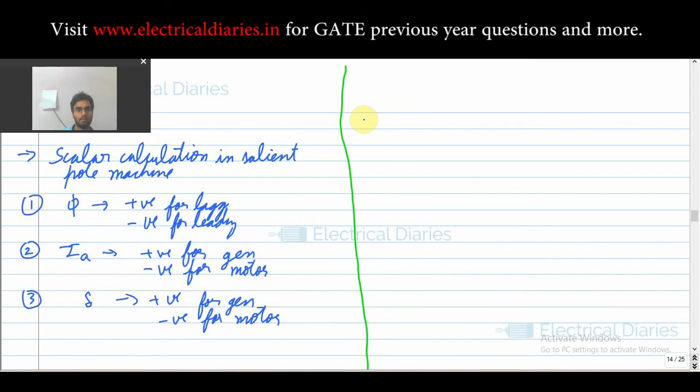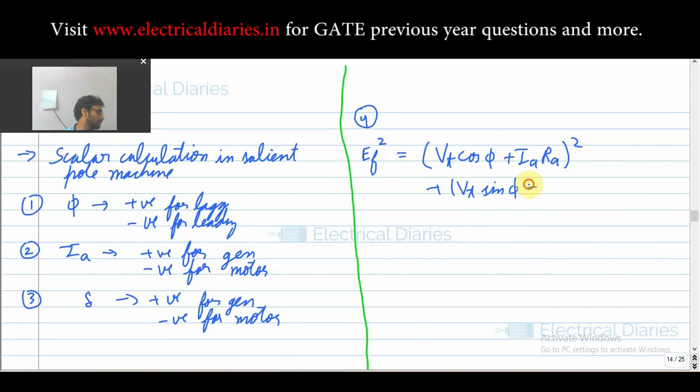Fourth point, remember this formula for the salient machine: your E squared, that is the E notation I have used in the video, equals (Vt cos phi plus Ia Ra) whole square plus (Vt sin phi plus Ia xq) whole square.